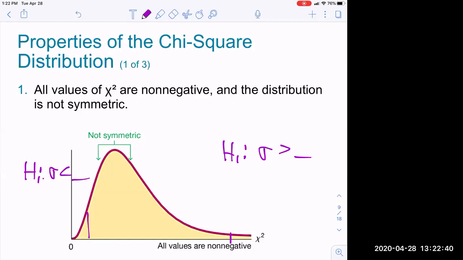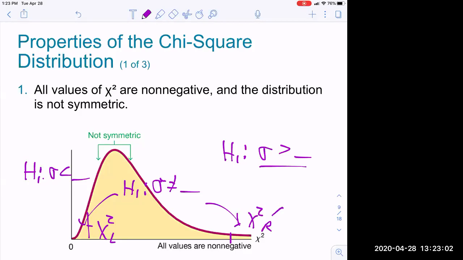Two-tail test would be H1 sigma not equal to some value. And then we would need a chi-squared left, over here chi-squared right in all scenarios. So if it's this, we need a chi-squared right. If it's this, we need a chi-squared left. If it's this, two-tail test, we need both of them.